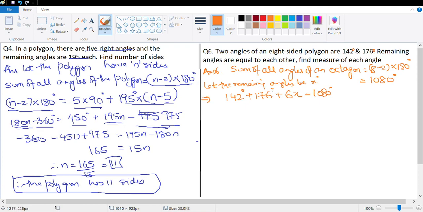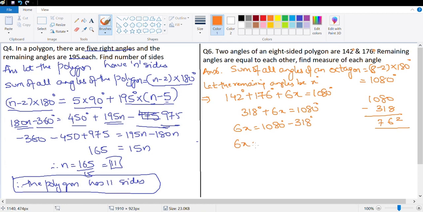So this is the equation: 142 plus 176 plus 6x is equal to 1080. That's 318 degrees plus 6x is equal to 1080, which means 6x is equal to 1080 minus 318. Let's do this calculation. 1080 minus 318 is 762.